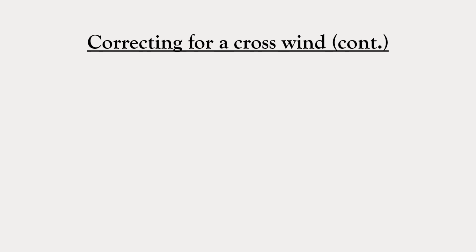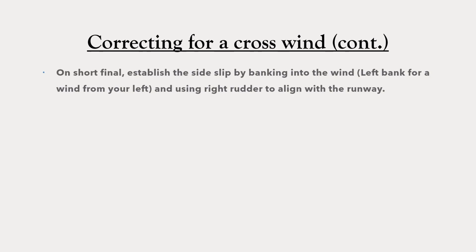So let's talk a little bit more about how we do these side slips. When we're on short final, we establish the side slip by lowering whichever wing is into the wind and using the opposite rudder. So if the wind is from our left, we will lower the left wing and use some right rudder. If the wind is from the right, we will lower the right wing and use some left rudder.